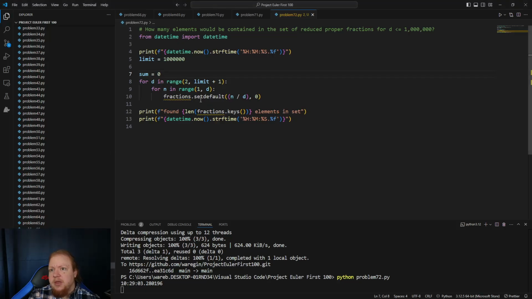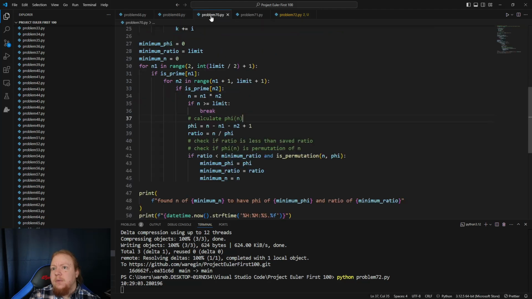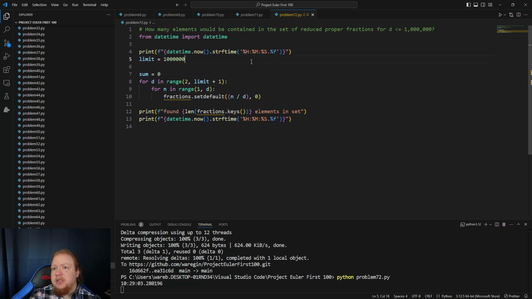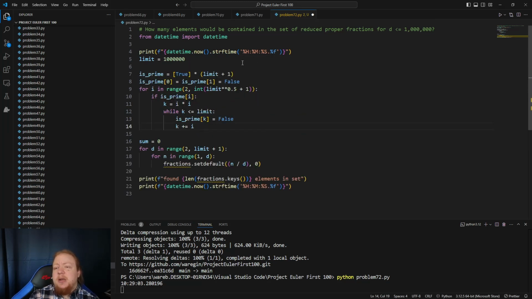So something that we can do, going back to here, is find all of our prime numbers, and that should at least give us a place to start working from.